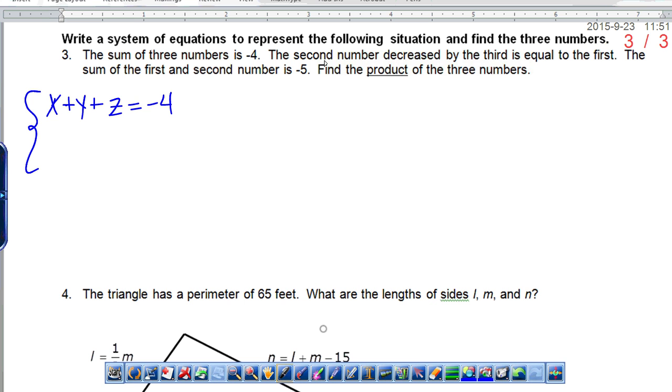The second number, so that's y, decreased by the third, so y minus z is equal to the first, so equals x. The sum of the first and the second number is negative 5. So x plus y equals negative 5.